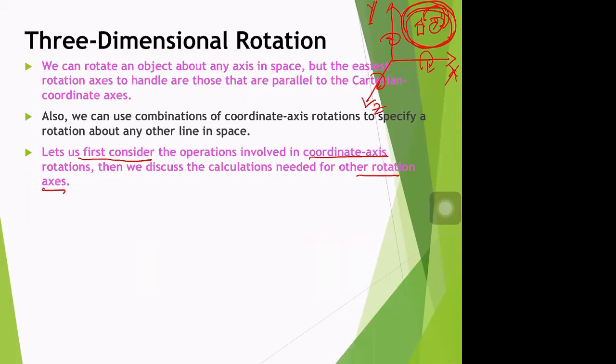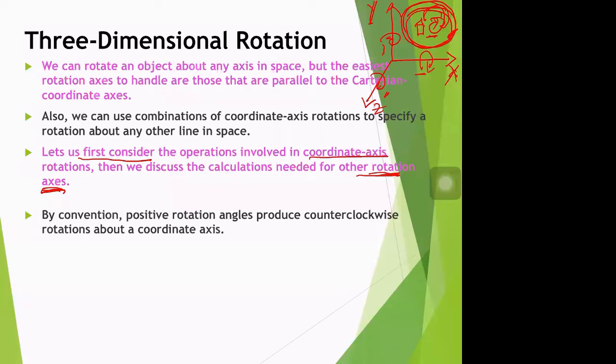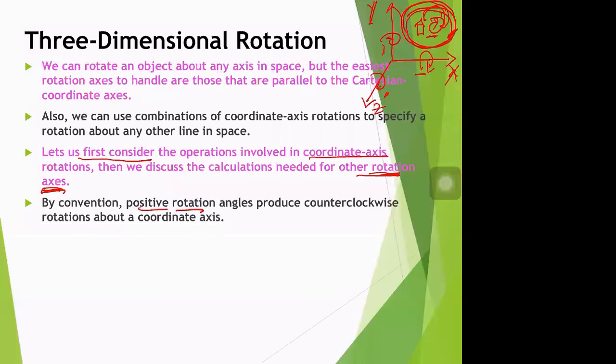So before directly going into this, we will check how to rotate with respect to the coordinate axis, which is a little simpler. We'll learn the simple one first, and then go to the next one. By convention, we have already seen this: what was our default rotation direction, clockwise or anti-clockwise?